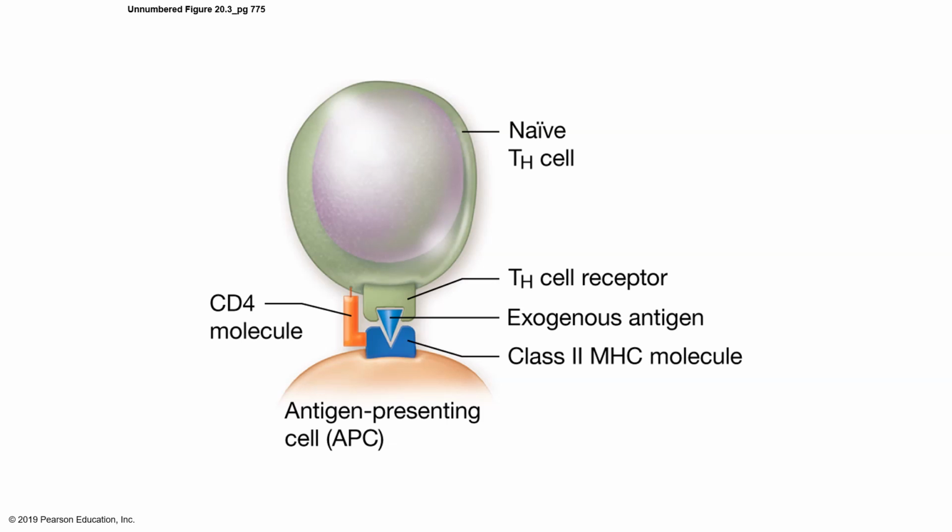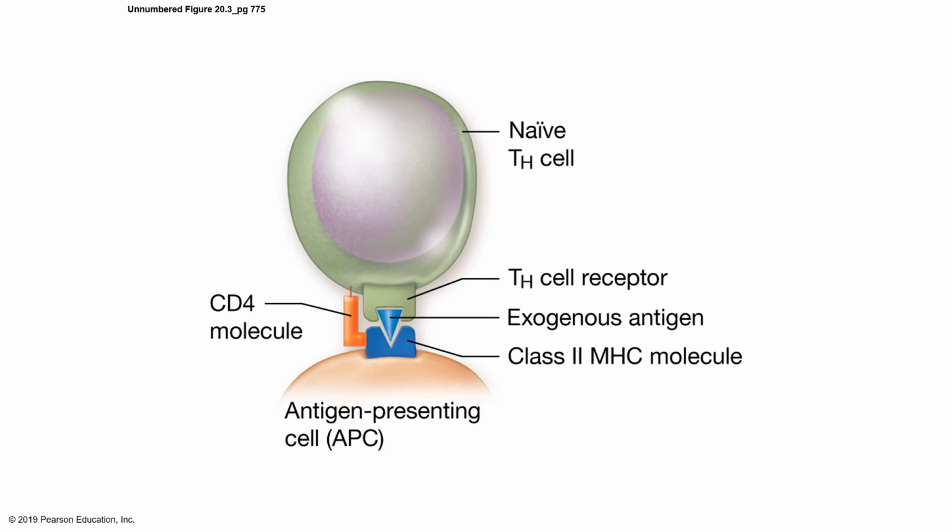This is an image showing how a helper T cell is presented the antigen, an exogenous antigen, by, let's say, a macrophage that has class 2 MHC receptors on its surface. These antigen-presenting cells are usually macrophages or dendritic cells.